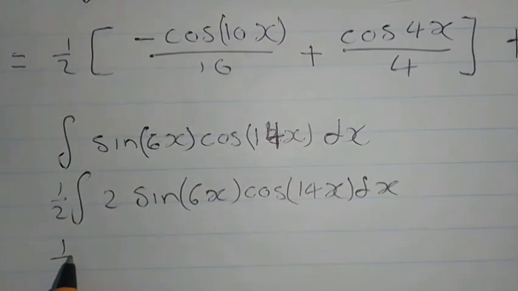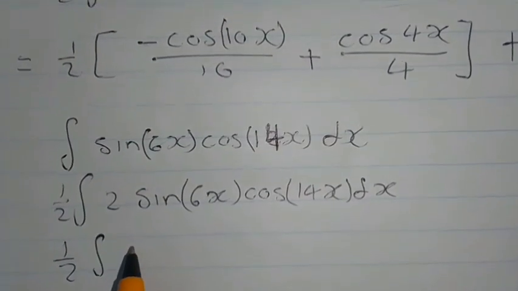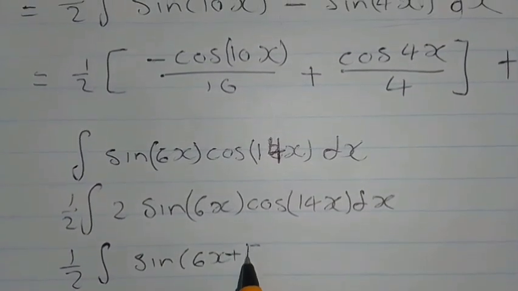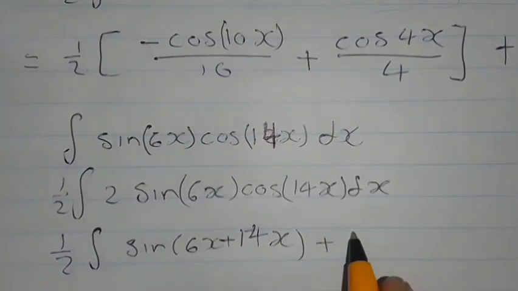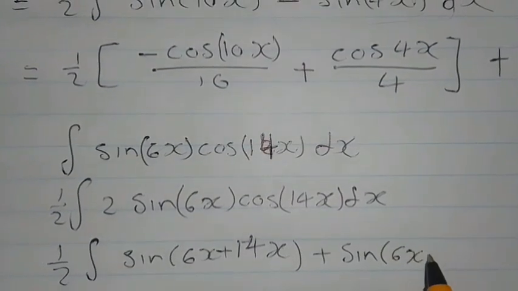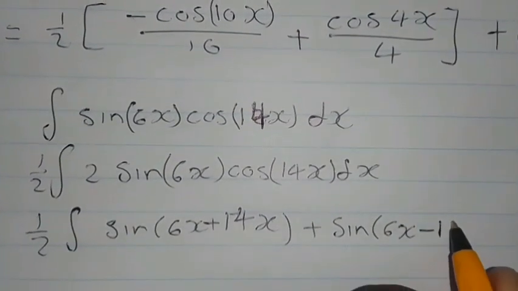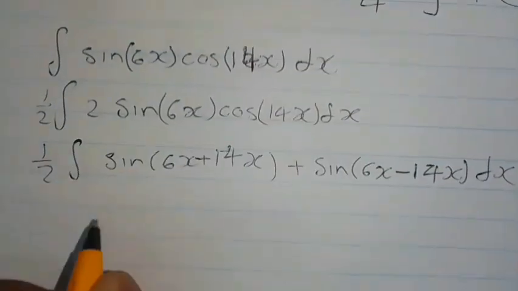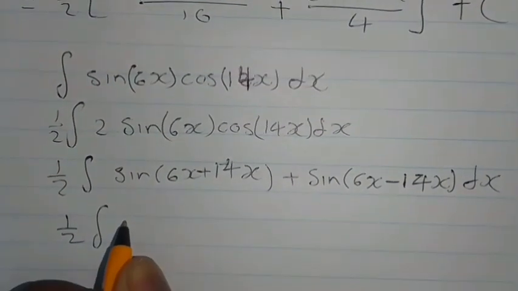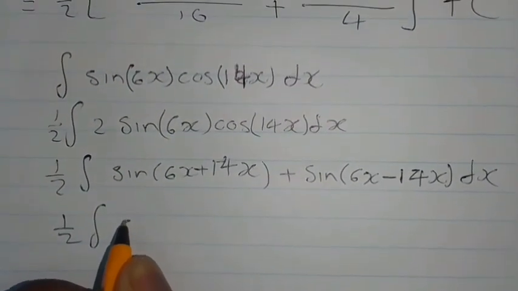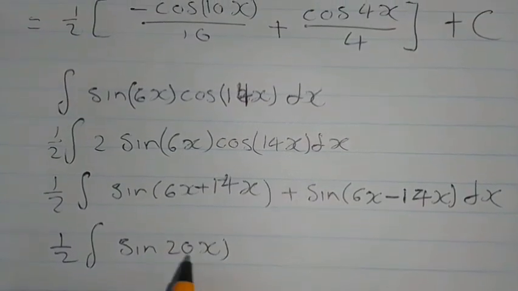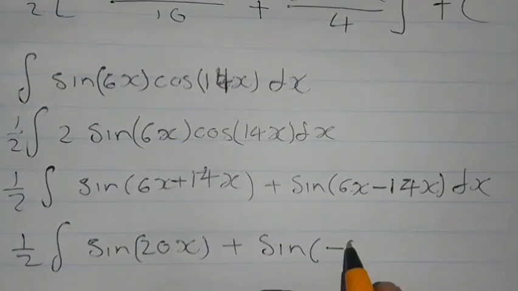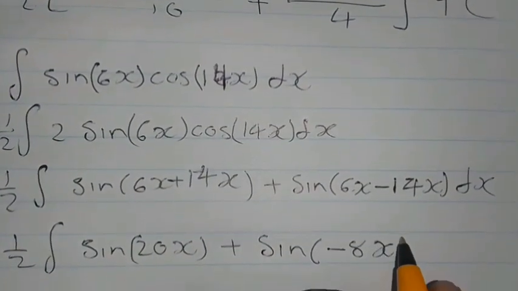Then you use the formula that I gave you, and this will be the same as sine 6x plus 14x plus sine 6x minus 14x dx. This can be rewritten as half the integral of sine 20x plus sine of 6 minus 14, that's minus 8x, dx.